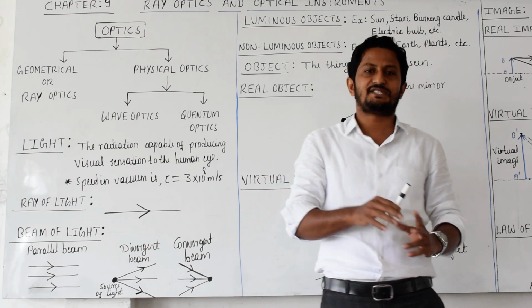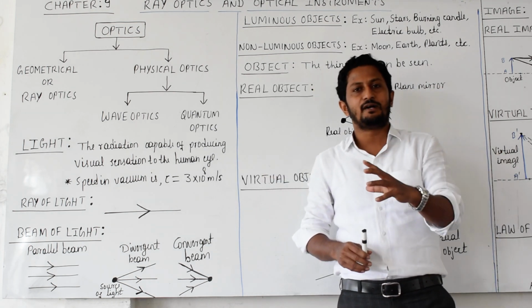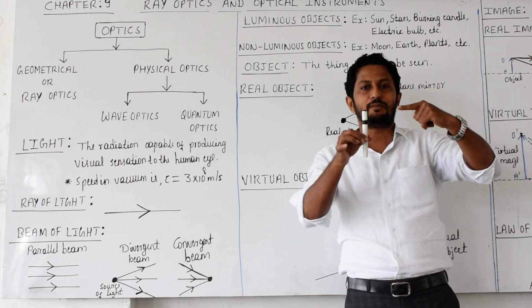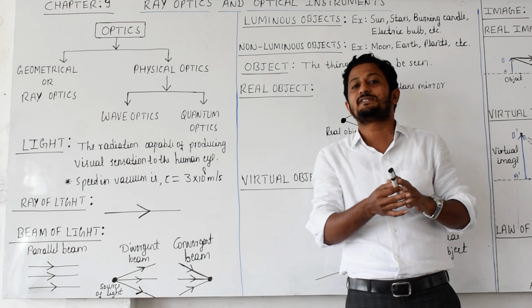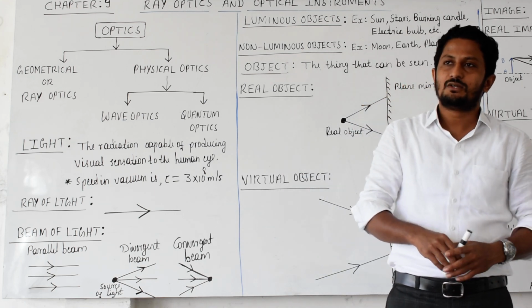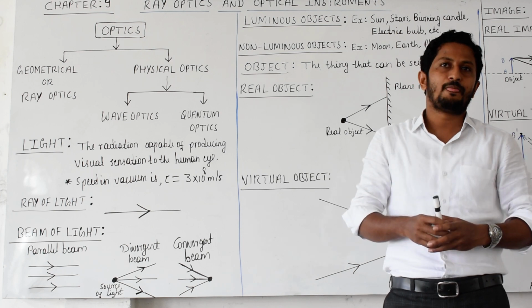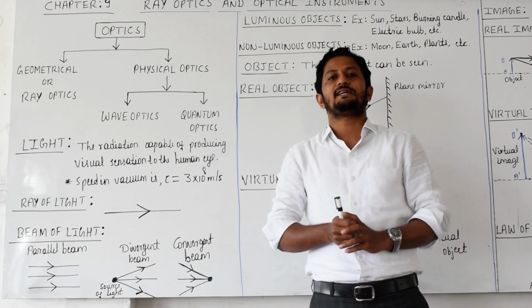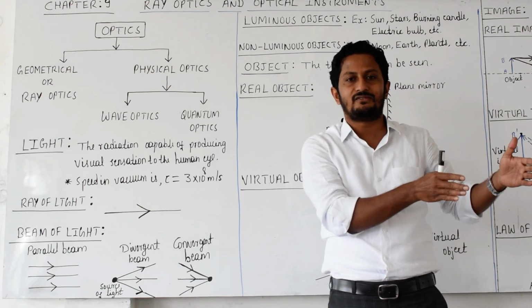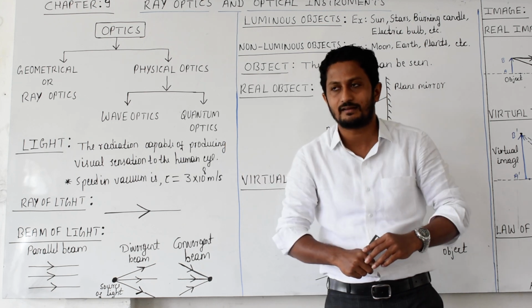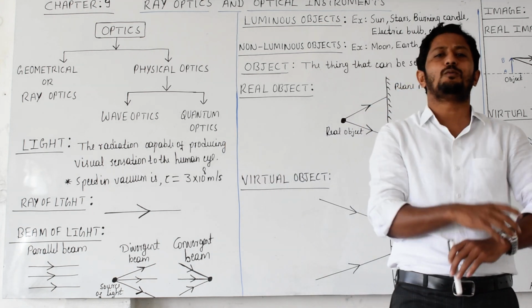So especially in this chapter we are studying the interaction of light with optical elements to produce the images of so and so object. So here we should know what exactly an object is, what exactly an image is, and how many types of objects and how many types of images there are. What is an object?